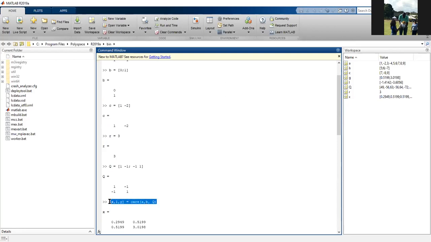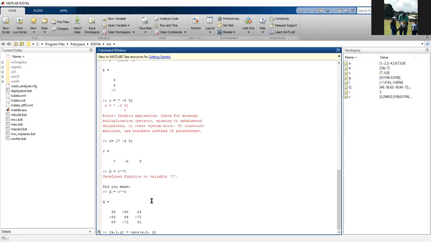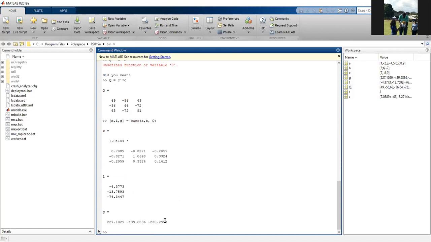So this is just the XLG equal care. No, care. Just type in icare after that, we'll see what happens. So it gives you the gains.